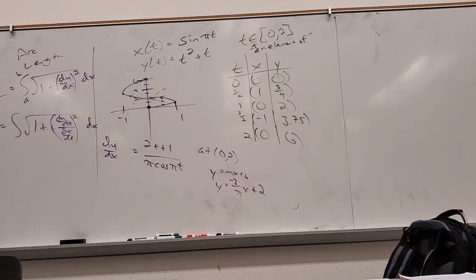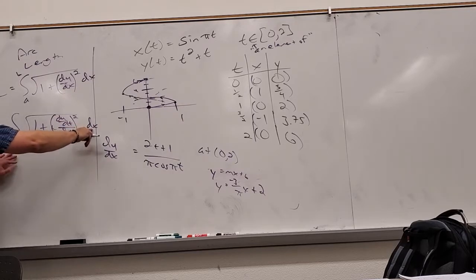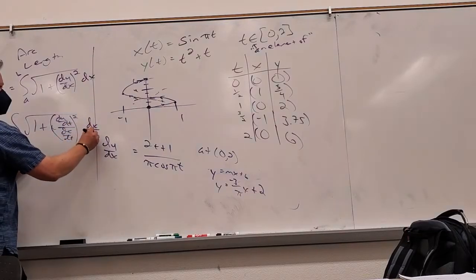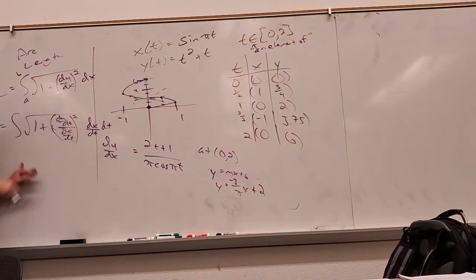So see how I have things in terms of t now? I kind of want this to be in terms of t, so I can do a little finagling. I can kind of do this. Is that true? Yeah. What does that reduce to?